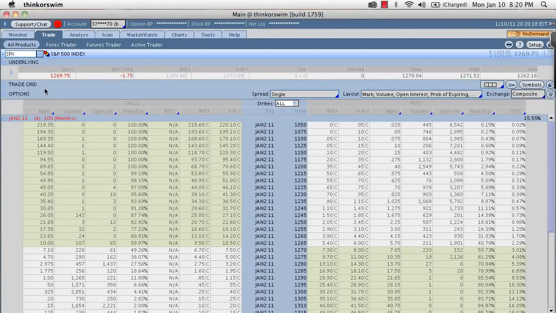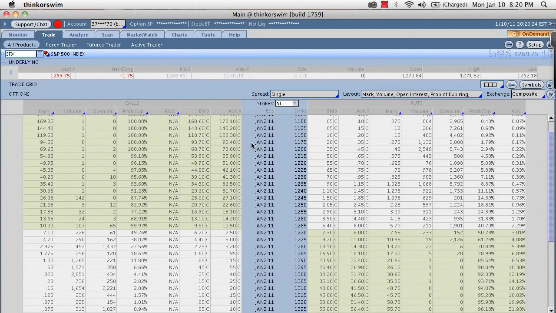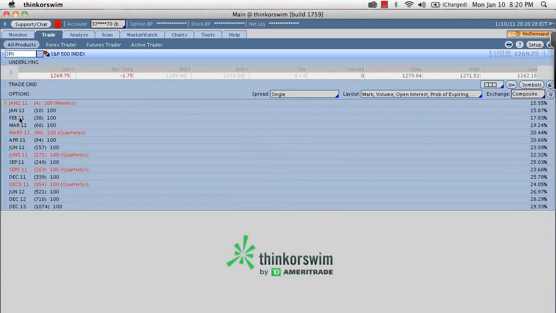Okay, here's my Thinkorswim platform, and I can only show this for those of you who understand it, but follow along with me. Weekly options are available on most of the major indexes. The SPX is one of them, and you can see they're clearly marked here.